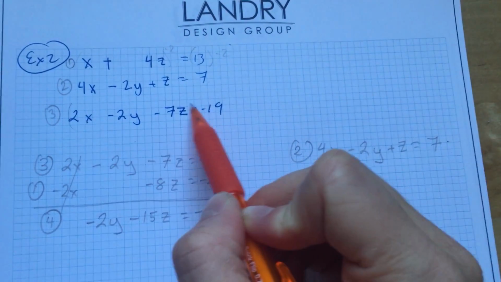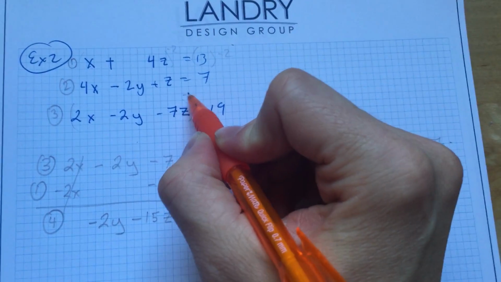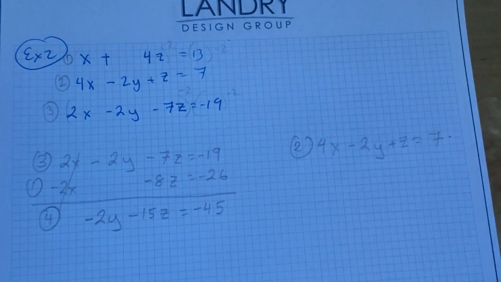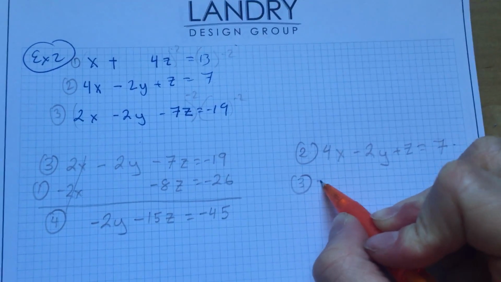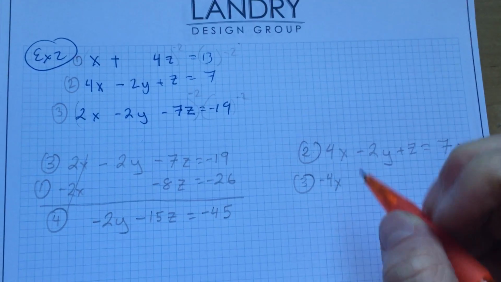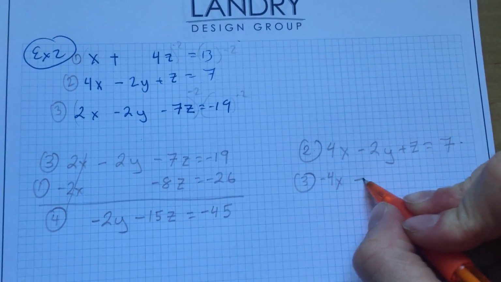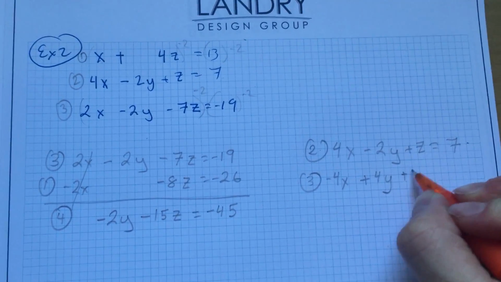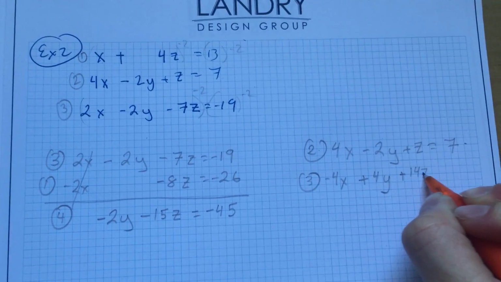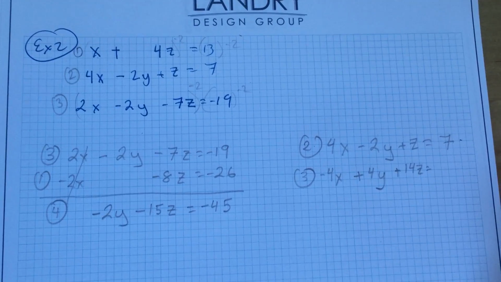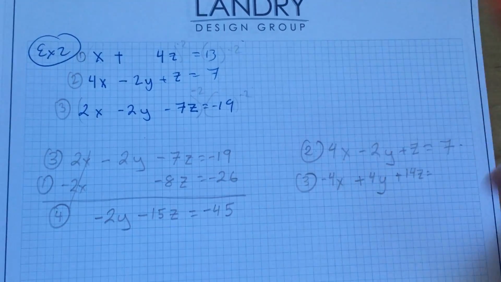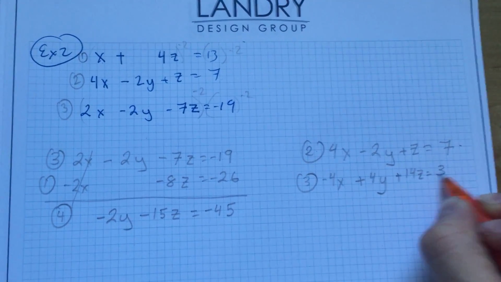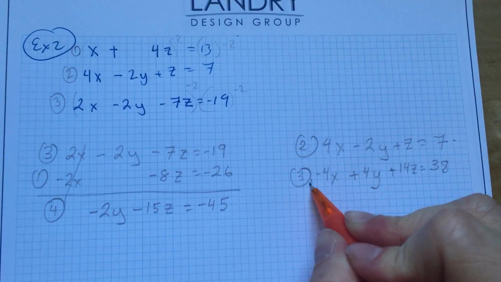And my third equation, I'm going to multiply by negative 2 on both sides. The third equation should look like this: negative 4x, positive 4y, positive 14z, and that should be, what, positive 38? I think I did that right.